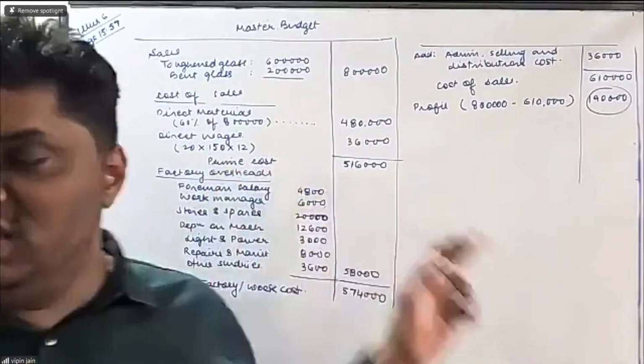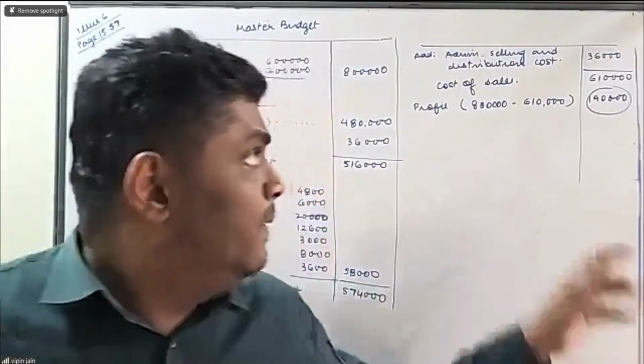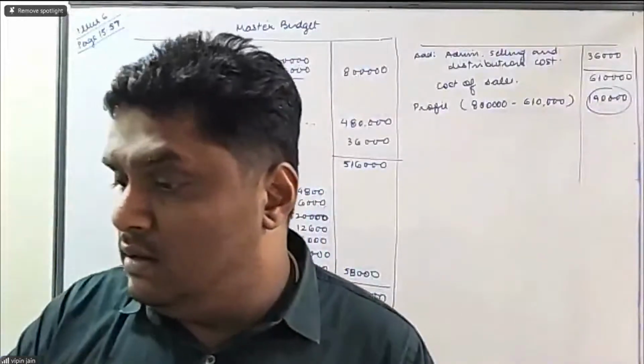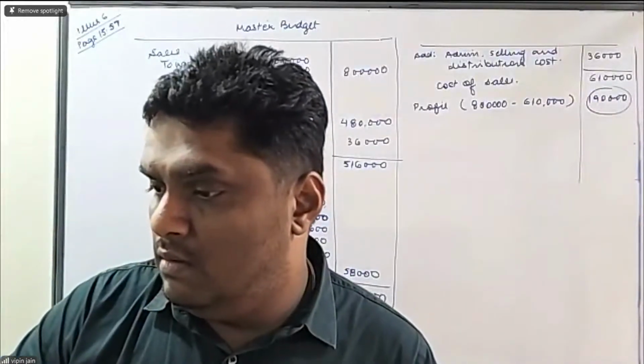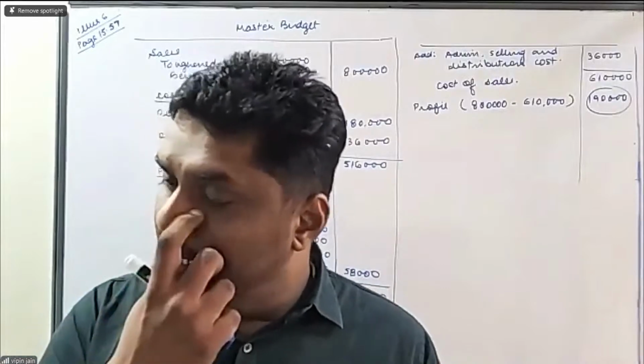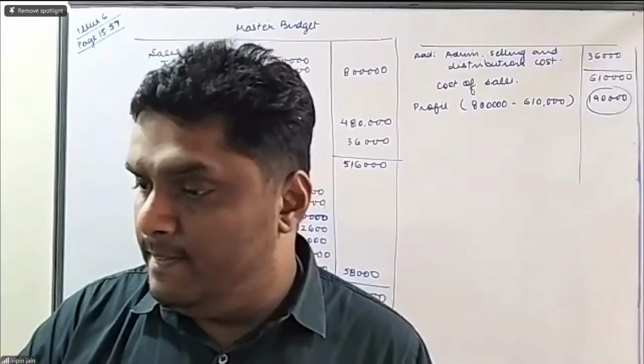This is prime cost 5,16,000. Profit is 1,90,000. We'll surely try, Ritika. Don't worry.